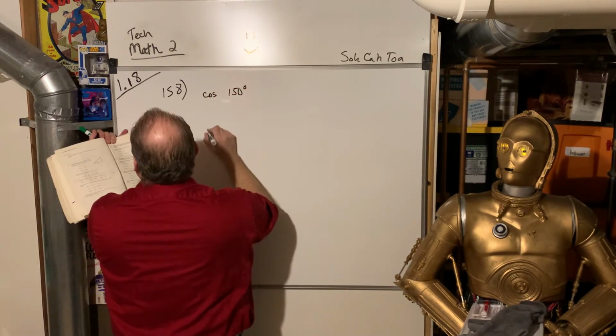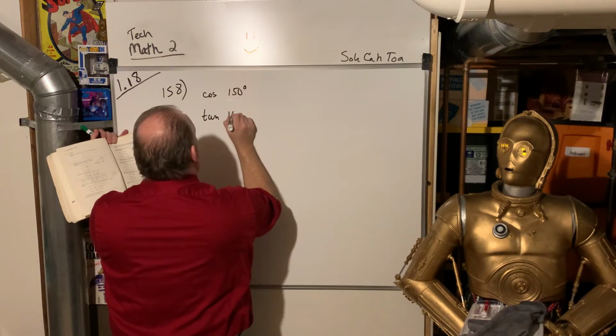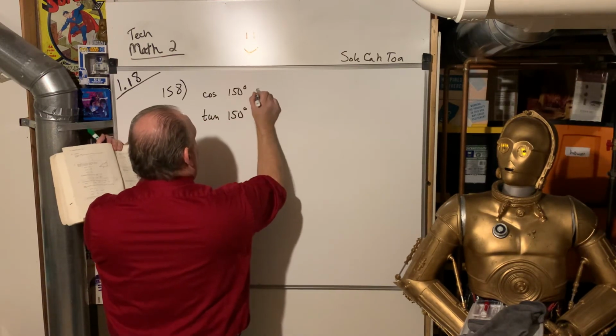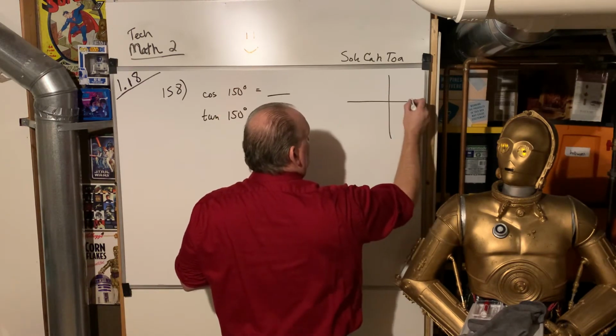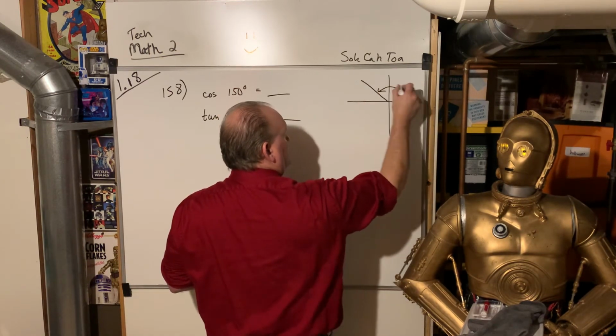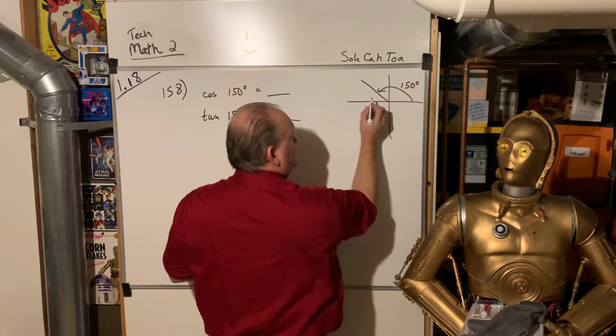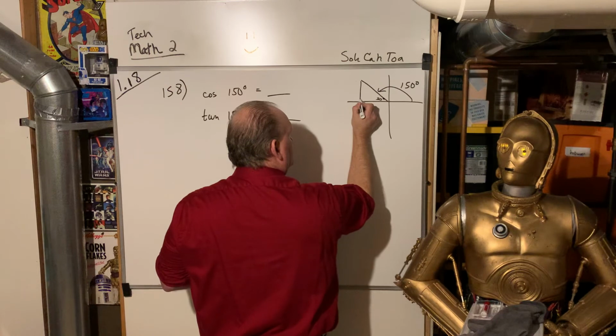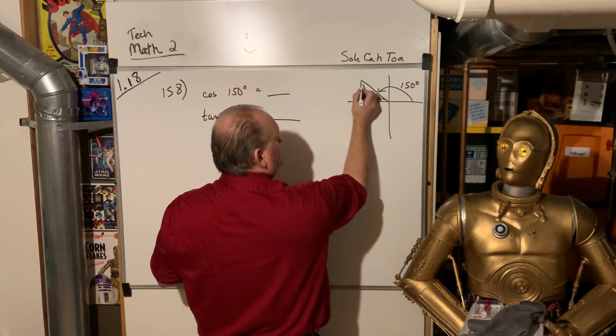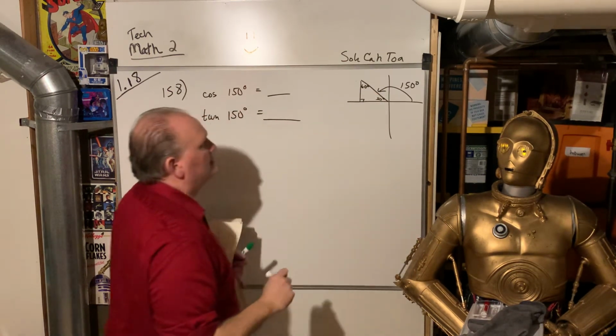And they want me to find the tangent of 150. And that's given, we know the 30, 60, 90 triangle. So this is 150. If that is 150 degrees, then this guy is 30 degrees. This guy is 60 degrees.